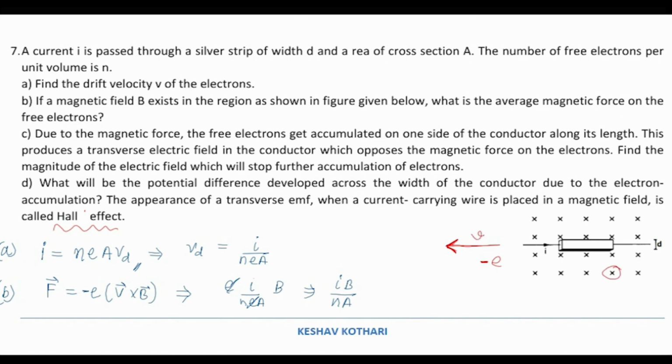If we calculate the direction for v cross B, it will be downward. But since the charge is that of an electron, which is negative, the electron will move upward. So I write over here upward.